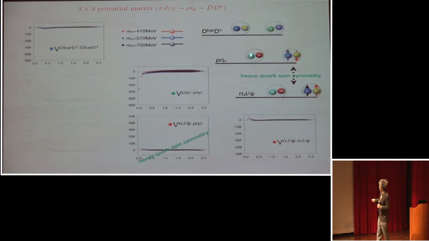Also, this transition potential is very, very small. This smallness can be understood from heavy quark symmetry, because to change from this state to this, or this state to this, the spin of the charm quark must be flipped. But since the spin flipping interaction is 1 over m suppressed, this amplitude is suppressed for the charm quark.